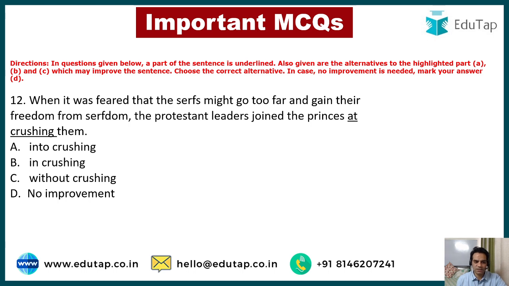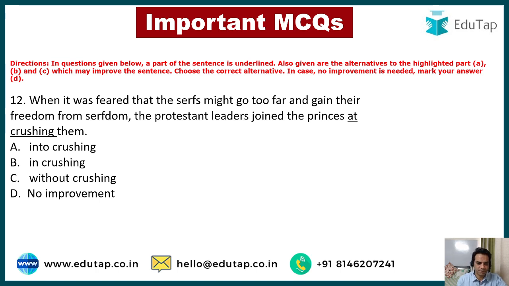Next question, guys. When it was feared that the serfs might go too far and gain their freedom from serfdom. Serfs used to be slaves in older times, right? In ancient times, slaves used to be called serfs. When it was feared that the serfs might go too far and gain their freedom from serfdom, the Protestant leaders joined the princes at crushing them.